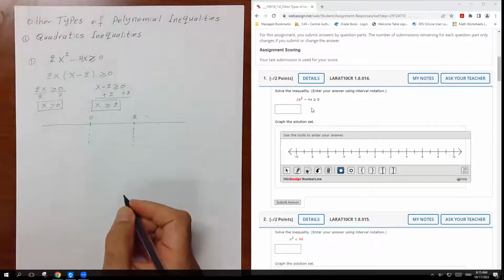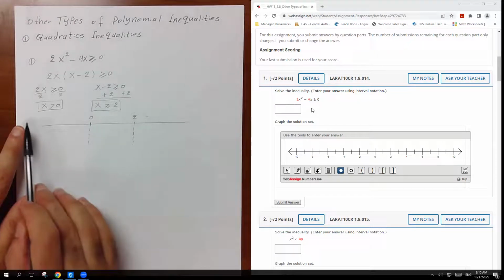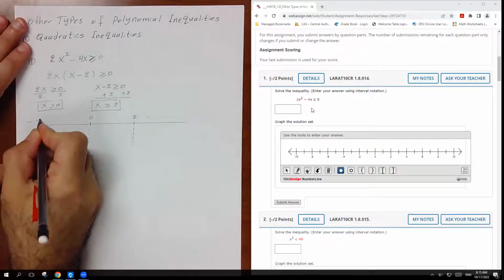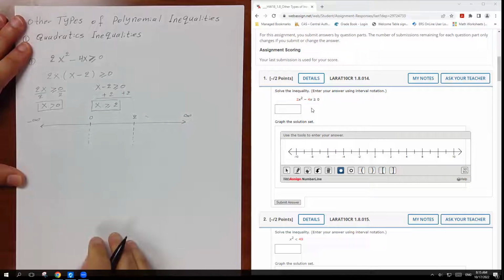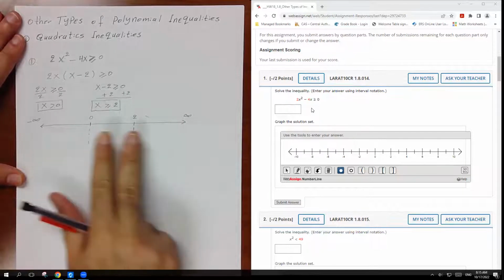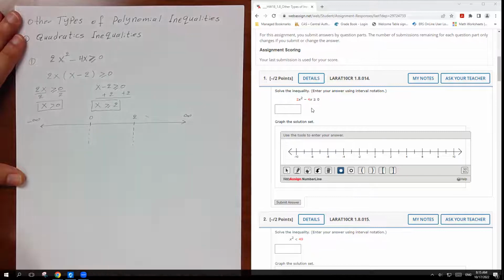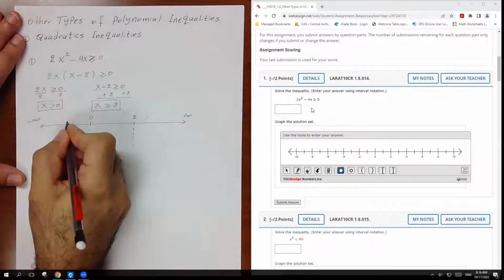Here are dashed lines, so I can know. Now I'm going to test each interval here. This side goes to negative infinity, and this side goes to positive infinity. I'm going to test this interval, this interval, and the last one.